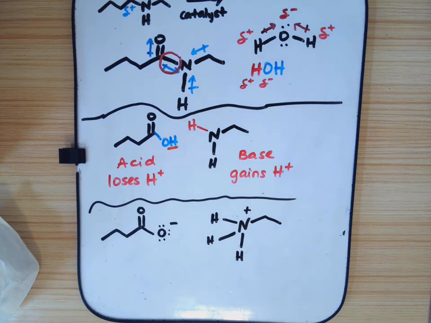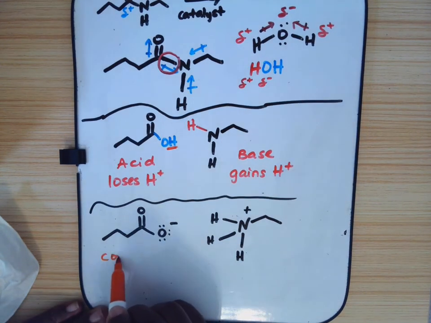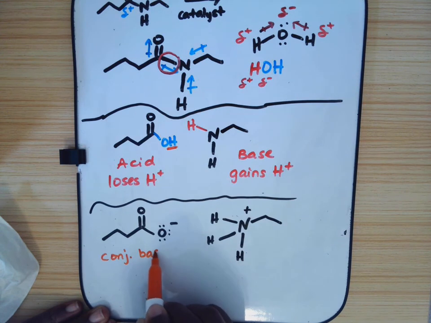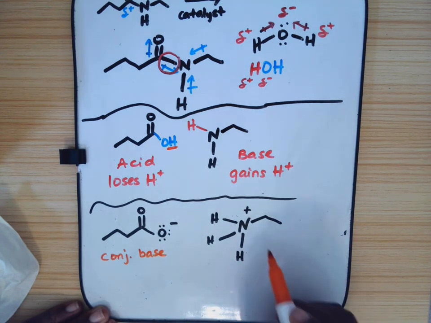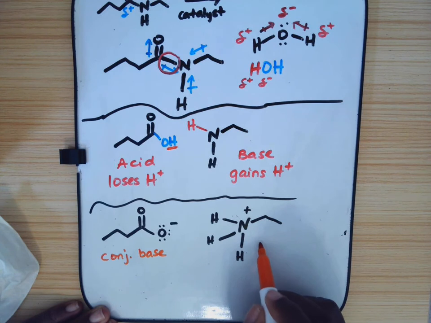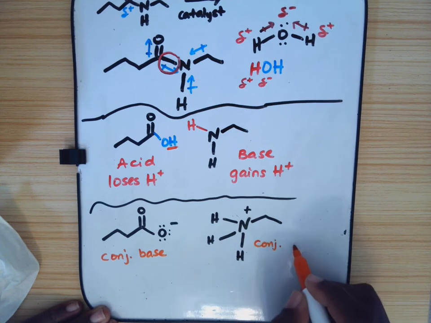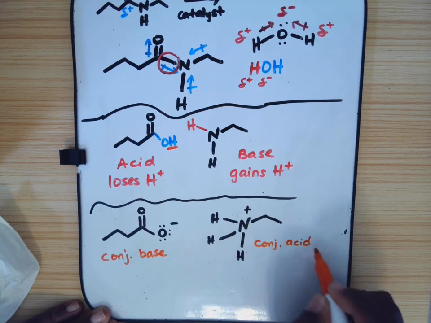So when dealing with the hydrolysis of amides, you won't actually stop at the carboxylic acid and the amine. Instead, you would have the carboxylate, which is the conjugate base of your weak acid, and you'll have the protonated amine, which is the conjugate acid of your weak base.